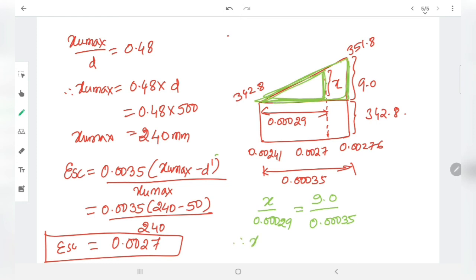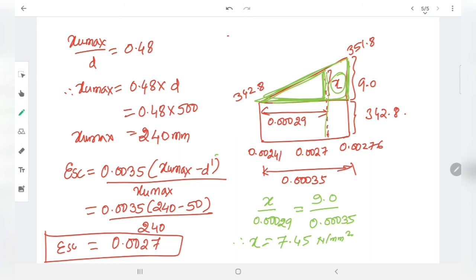When you solve this, the value of x is around 7.45 Newton per mm square.